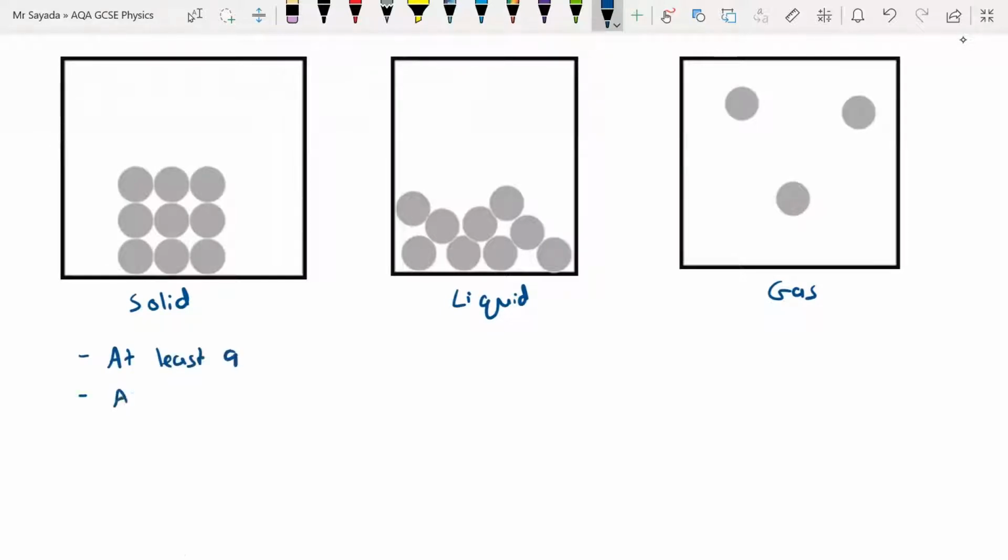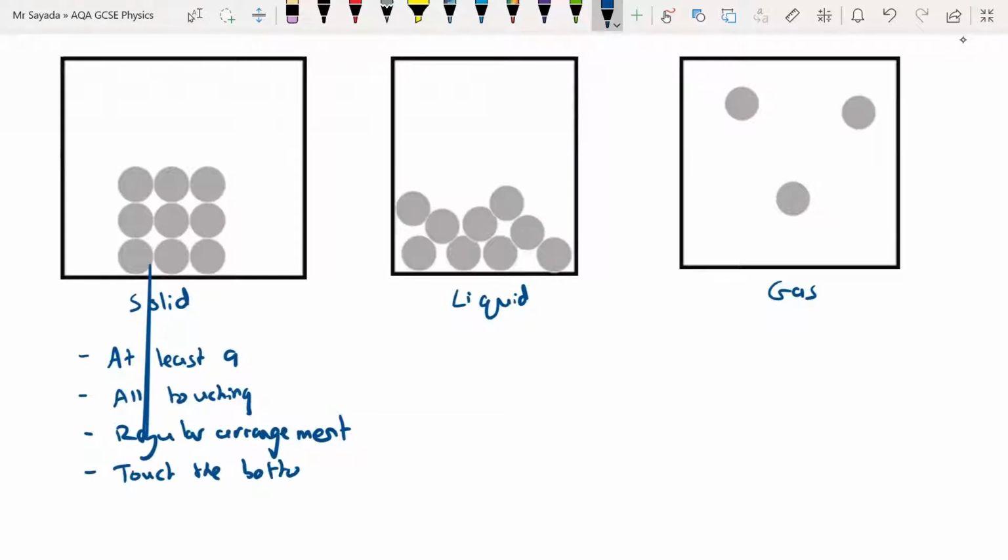Make sure they're all touching. Make sure there's a regular arrangement, so they're in lines like soldiers. And make sure that they touch the bottom. Make sure there's no overlapping of the particles.